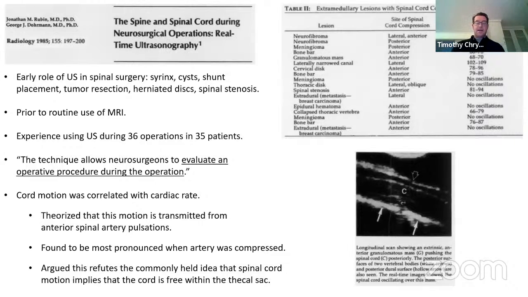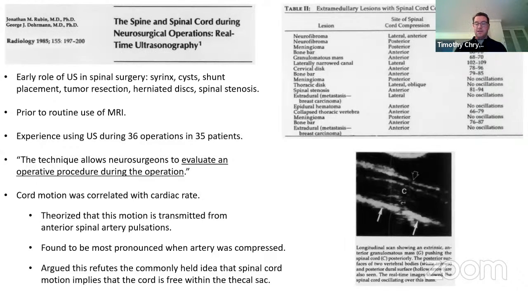Yeah, no, I put this in here just because it is a bit of a controversy. What exactly do cord pulsations mean? Are they, as you say in this article, a bad thing? And in a way, this article is arguing that they are. I personally don't necessarily agree with that.